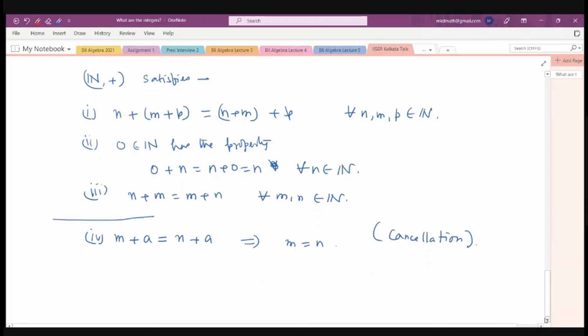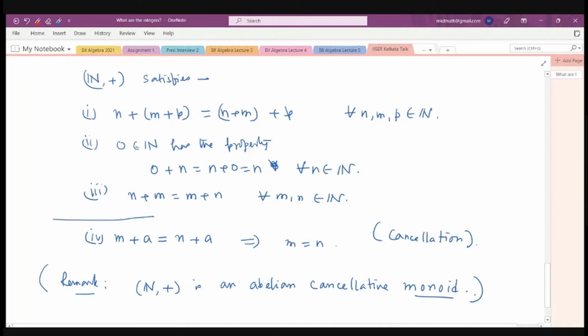Now, perhaps in second year, remark: N with plus is an abelian cancellative monoid.